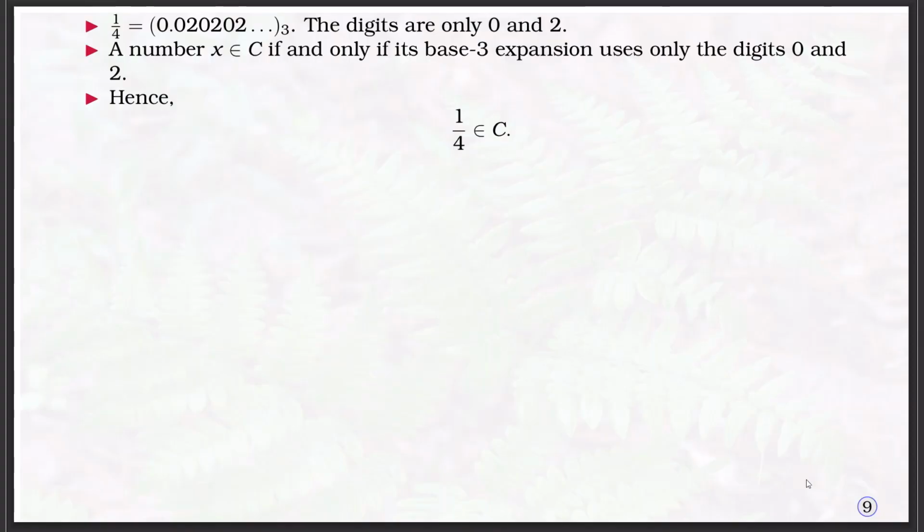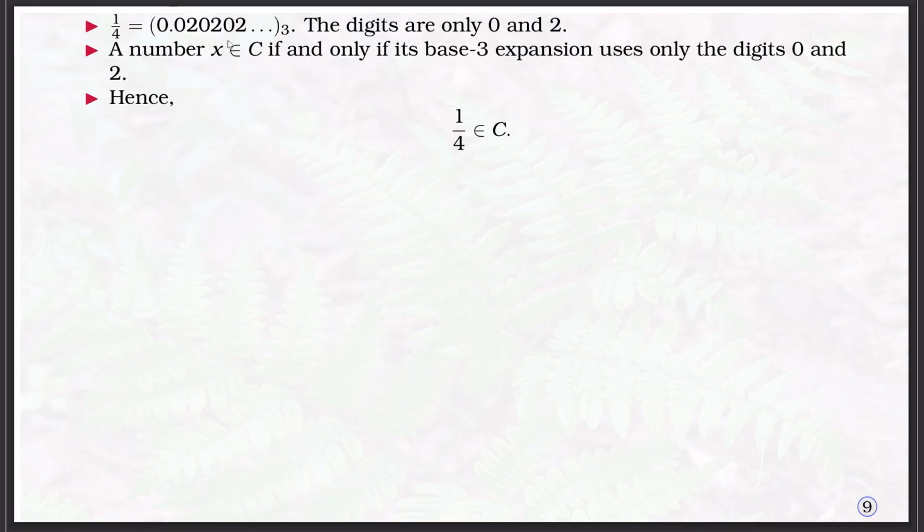So, let us try to find at least one number which is not an endpoint of any Ck, whereas the number belongs to the Cantor set. For that, you can take the number 1/4, which we already obtained in the previous slide. The base 3 expansion of 1/4 is given here.